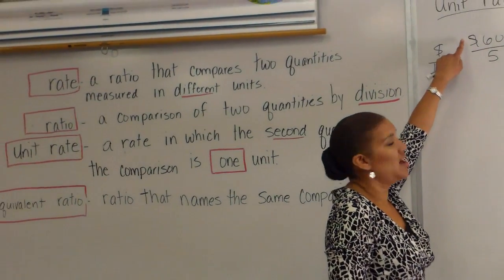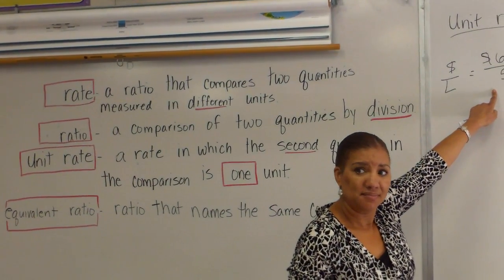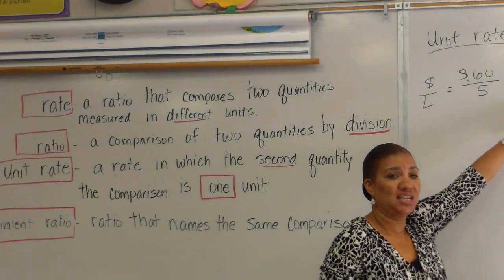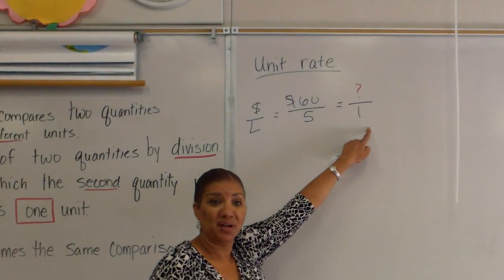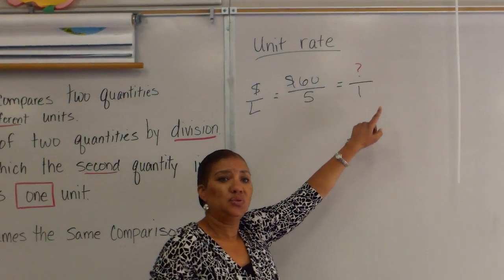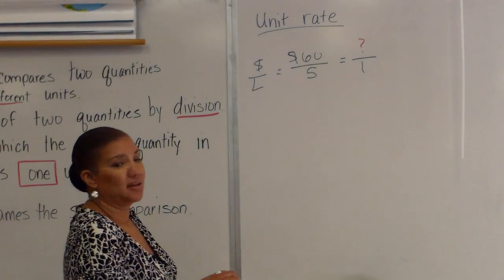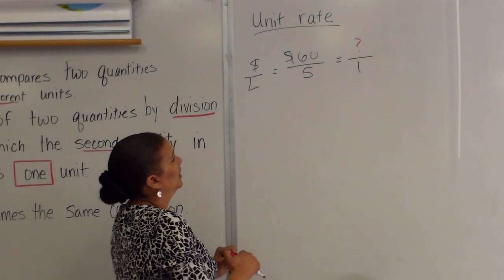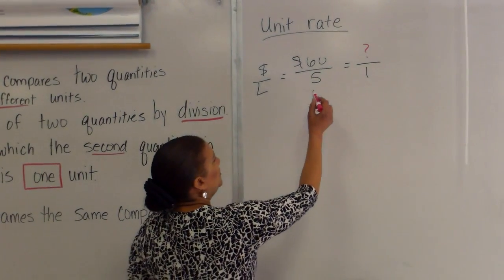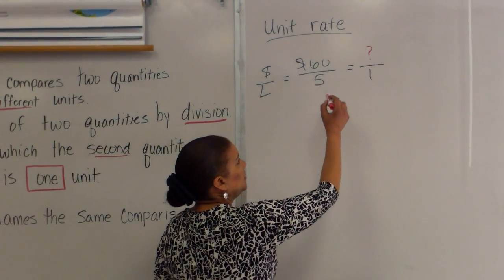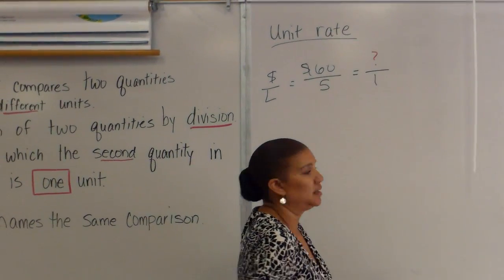We know that it costs $60 for 5 lessons. How much does it cost for 1 lesson? Well, we need to solve our equivalent ratio. Caleb, what is 5 divided by what equals 1? 5.